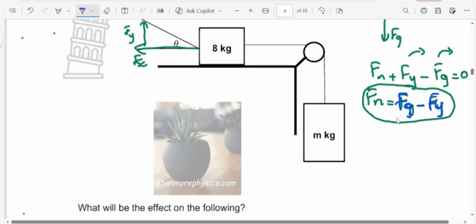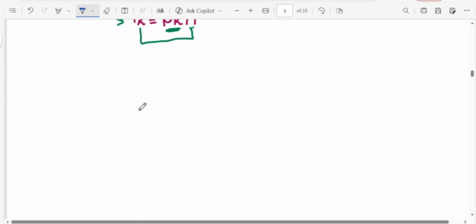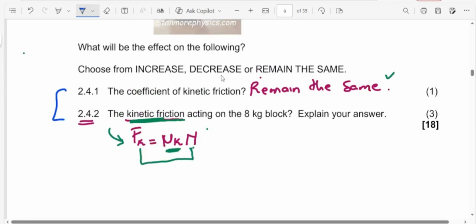So we are reducing the normal force. So the normal force will decrease. So the answer here is that the kinetic friction will decrease. Why? Because the normal force decreases, the kinetic friction will decrease.